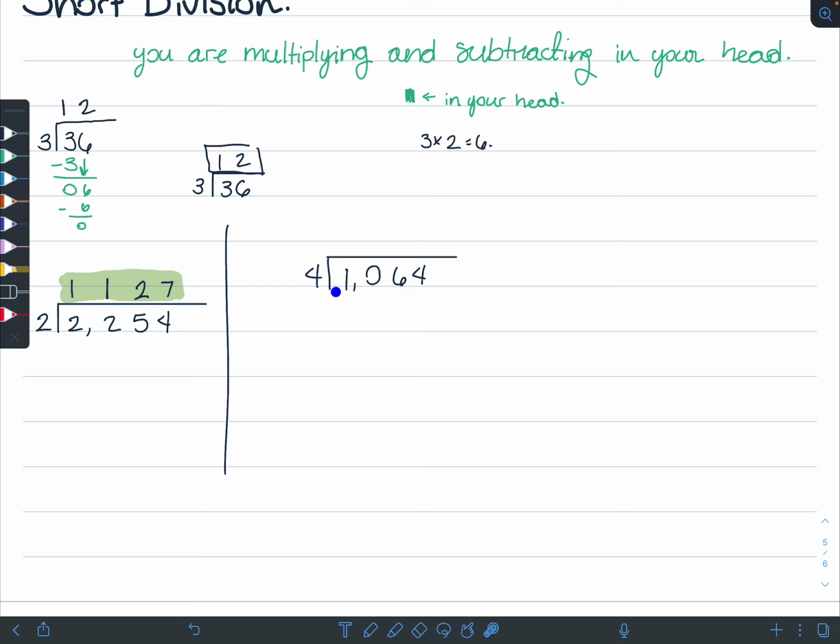4, how many times can 4 go into 1? None, because 4 times 1 will give you 4, and that 4 is bigger than 1. So personally, this is what my dad taught me. If the divisor is bigger than the dividend, or the first digit of the dividend, I put an X. And that X represents 0, more like a placeholder, if you will.